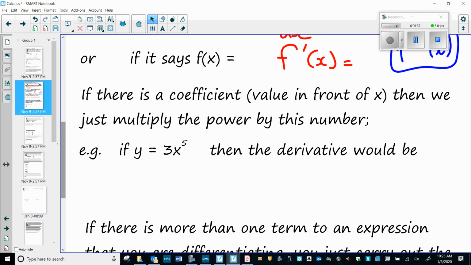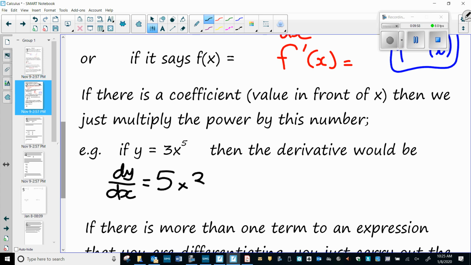Well, that first one was really straightforward. If there's a number in front of the x, it has no effect on our process, but what it does mean is that when we are multiplying by our power, we're going to have to take this 3 into account. So here, my dy dx would be 5 lots of 3x to the power what? 4.